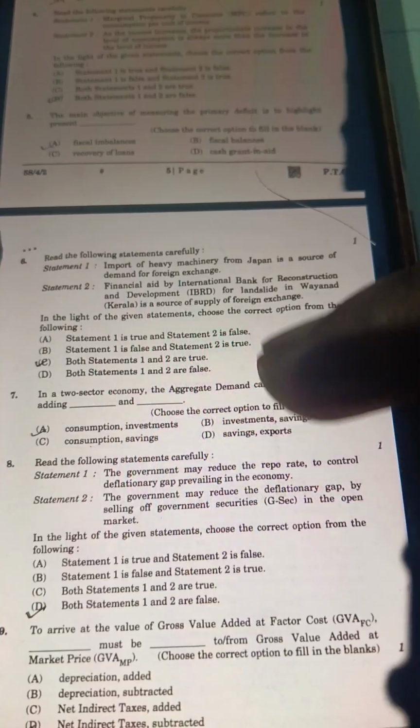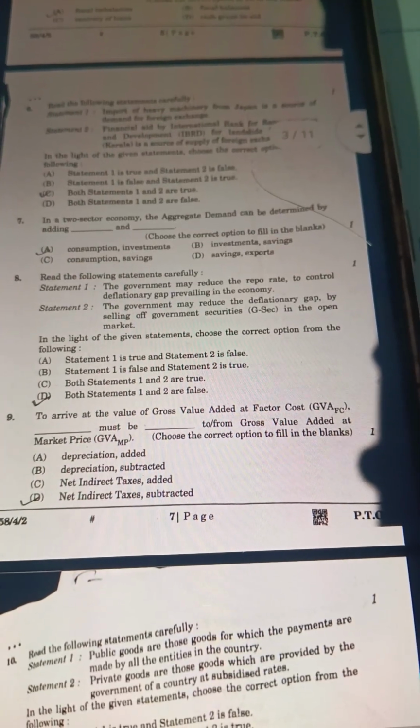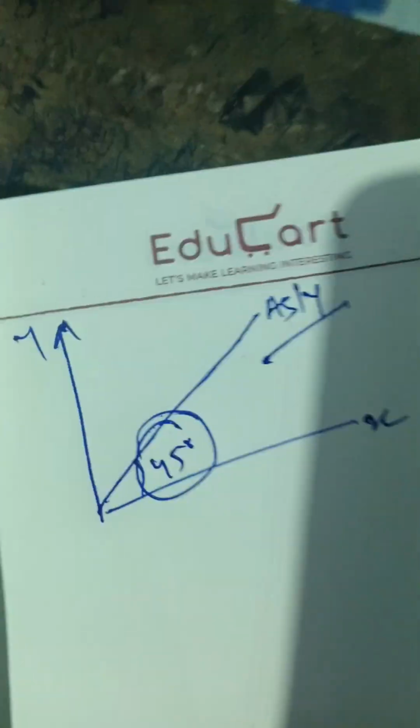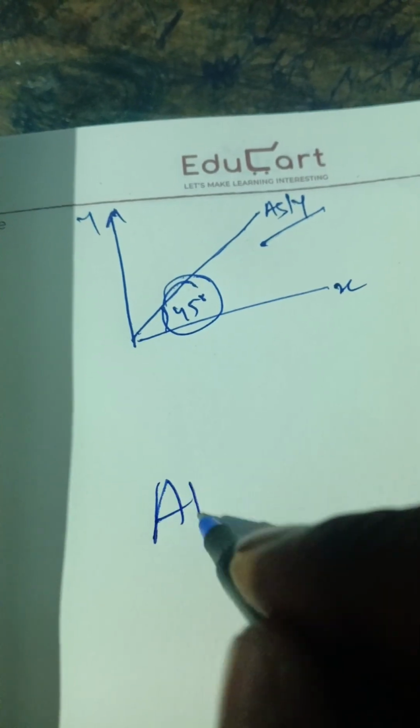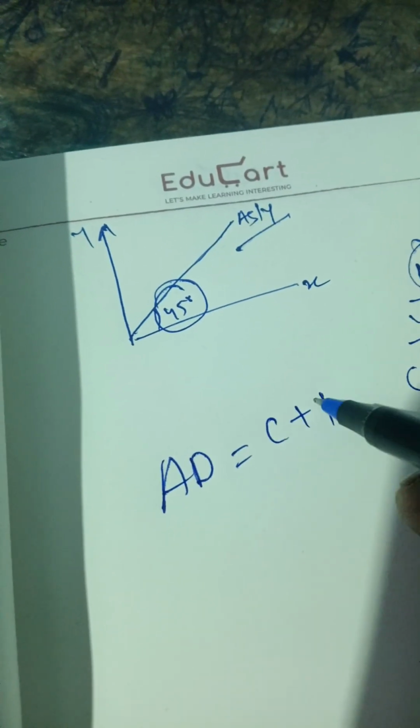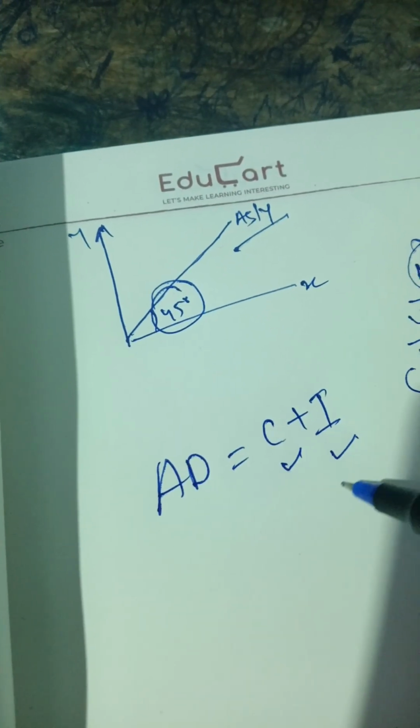Coming to question number 7, in a two-sector economy, the aggregate demand can be determined by what? In a two-sector economy, aggregate demand is C plus I: consumption expenditure and investment expenditure.